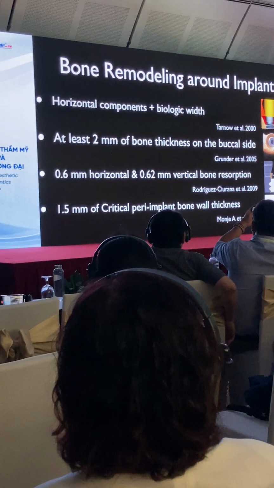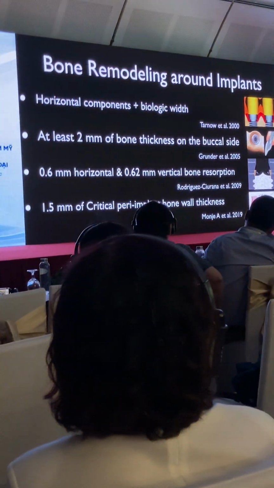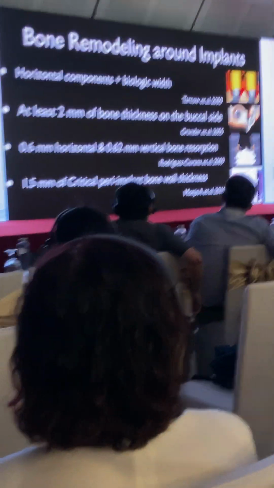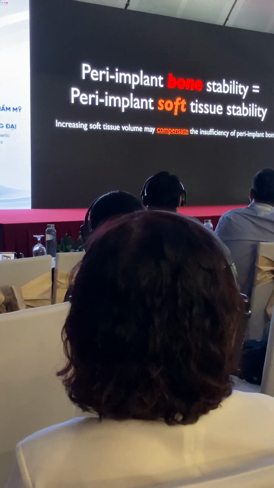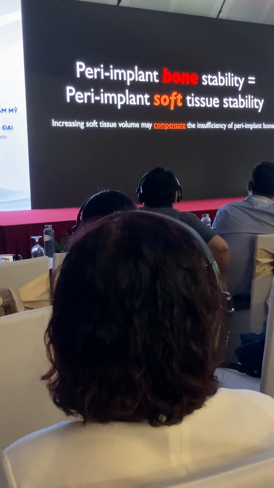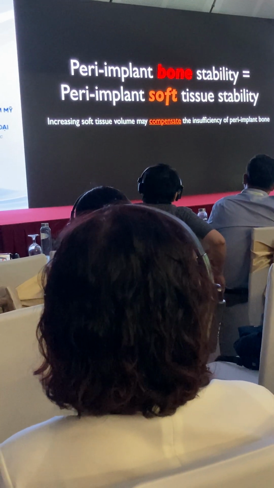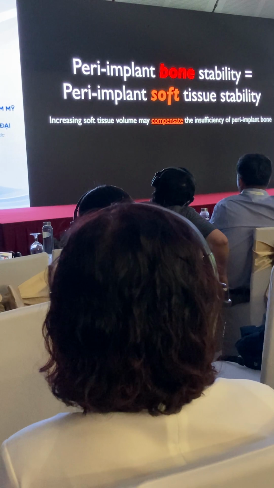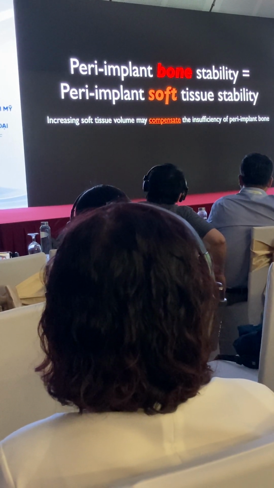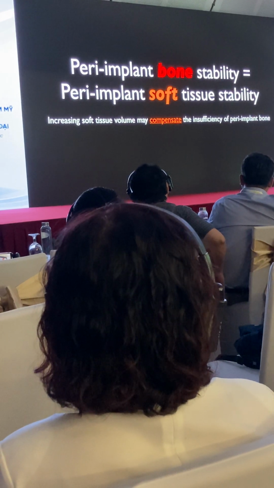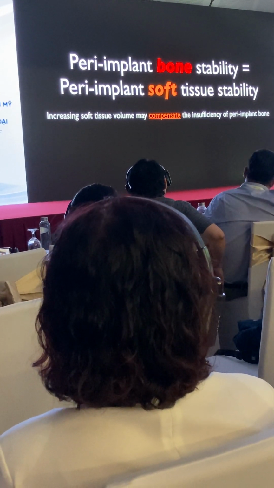It can always be affected by either soft tissue, bone, environment, or bacteria. So it's a dynamic environment we have to consider. Peri-implant bone stability equals peri-implant soft tissue stability. Why? Because when the bone goes down, the soft tissue goes down with it. But then what to do? Either build up the bone or build up soft tissue, or build up both.